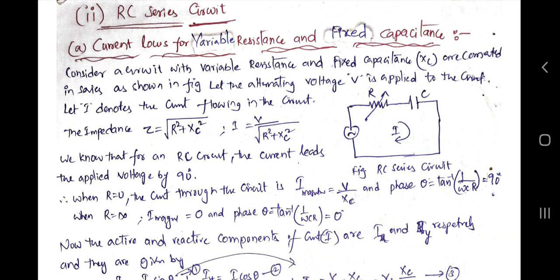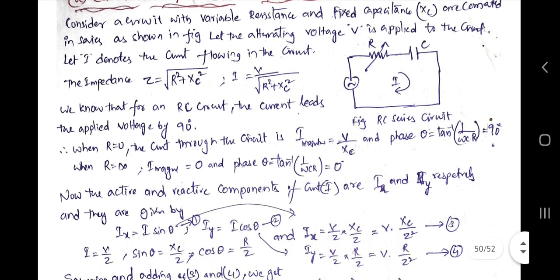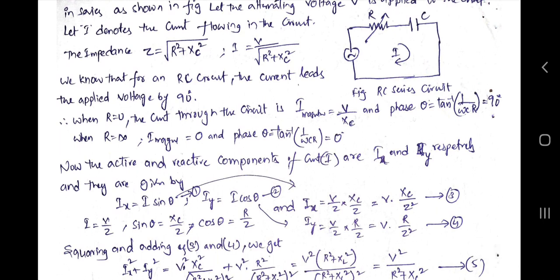If we take R equal to infinity, then the current magnitude is 0 and the phase angle is also 0. So this is the condition for the RC network, where R is varied from 0 to infinity. Most of the time it lies in the first quadrant, because the current leads the voltage in the capacitance.